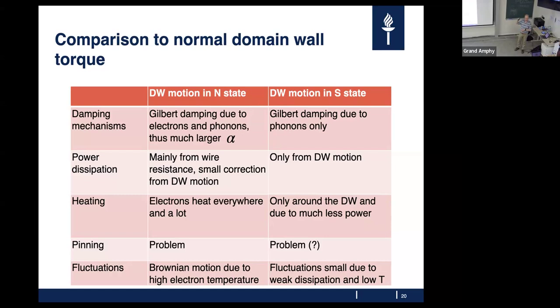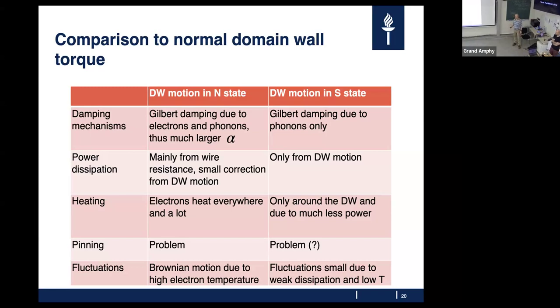There's a gap, unless you believe Lorentz who talked about subgap states, but we know of no extra damping. So the Gilbert damping comes from phonons only, giving a much higher quality factor for permanent magnets. Power dissipation in the normal state comes from everywhere; in the superconductor only from the domain wall motion. Heating is much smaller in the superconducting case.